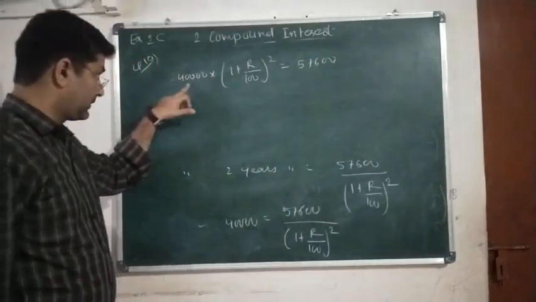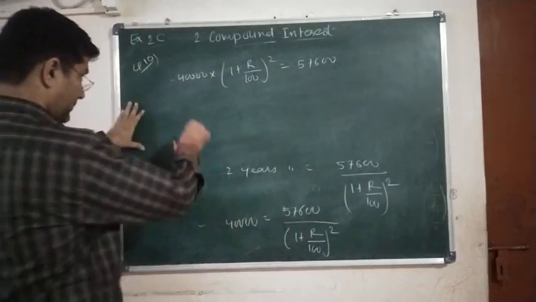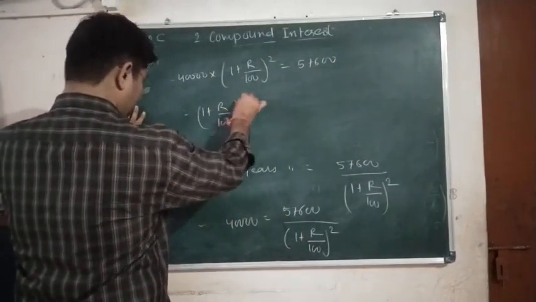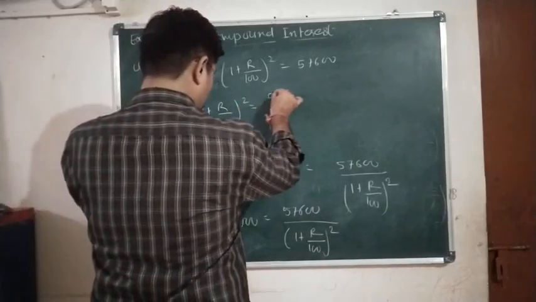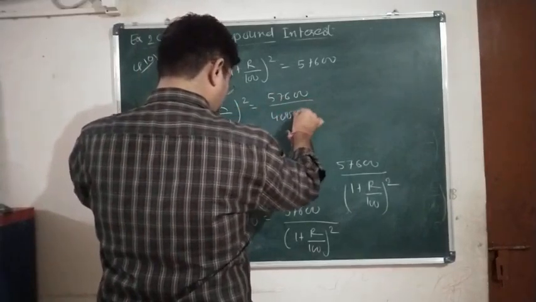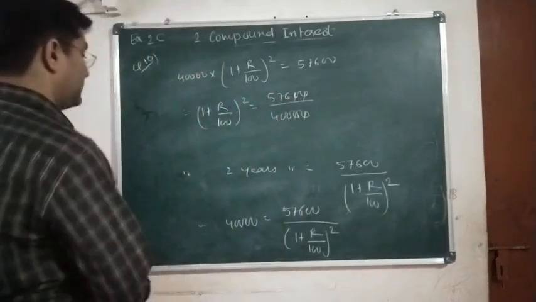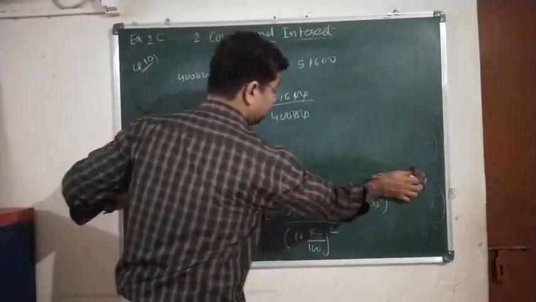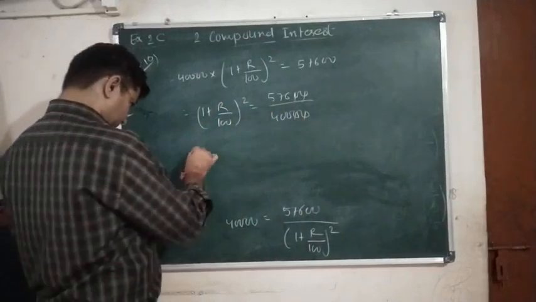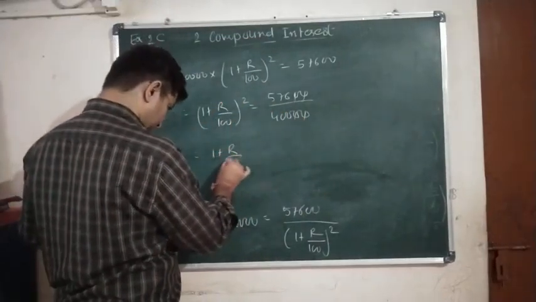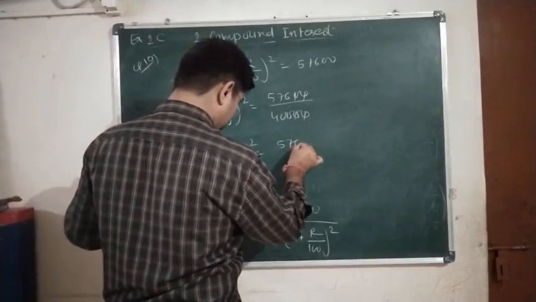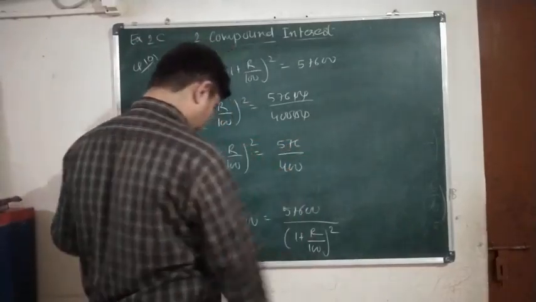Let us divide, put this 40,000 in the denominator on the right side. Therefore 1 plus r upon 100 raised to 2 is equal to 57600 upon 40,000. Two zeros will get cancelled. Therefore 1 plus r upon 100 raised to 2 is equal to 576 upon 400.